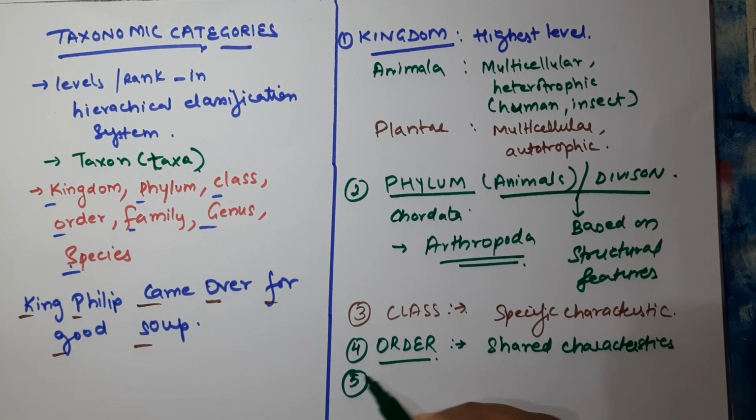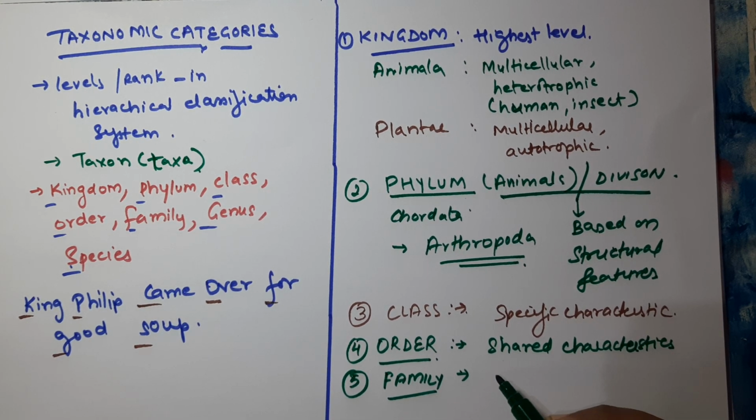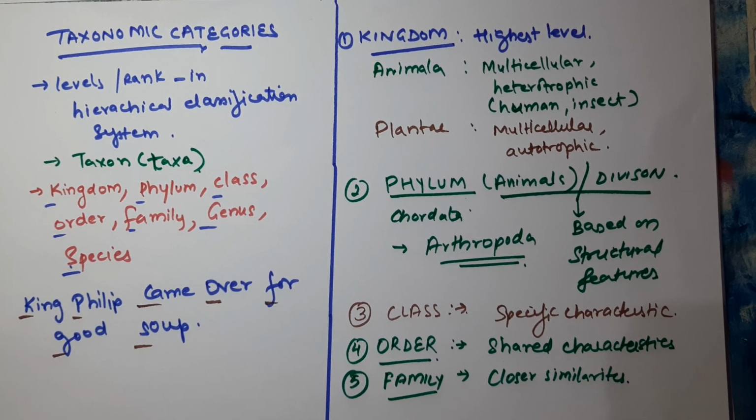Okay, the fifth will come, family. So here grouping is done based on the closer similarities. Okay. So for example, the great apes and the human, they are put under the family Hominidae.